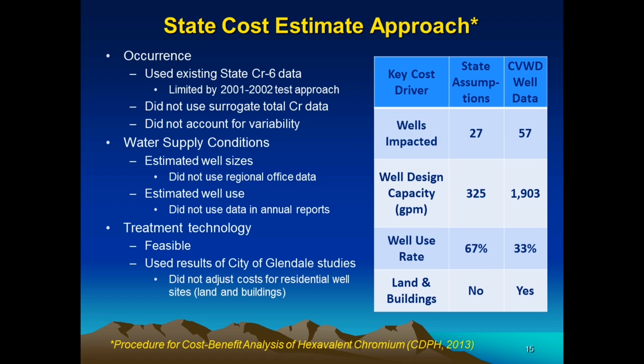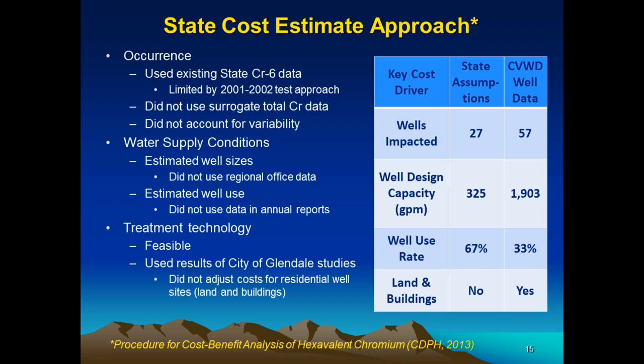Because remember, the $64 is an average of the whole state. So looking at our system using their data, it's about $130 per person per year, per customer. So per home, per business, per year. Now, using the same cost formulas that the state used, but plugging in the actual well data, the size of our wells, the number of wells we'd have to treat, you get up to just over about $550 per customer per year. So that's the comparison of using their numbers to the real data.